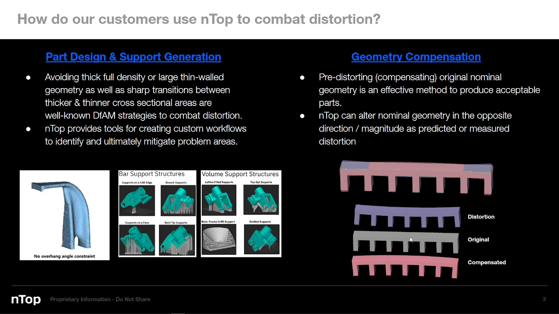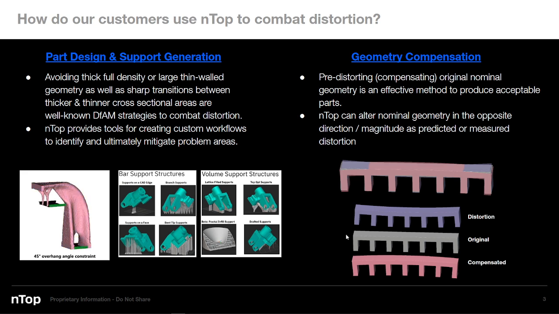So if we take this original geometry and we pre-distort it in the opposite direction and magnitude as the distortion seen, generally you'll see the distortion still occur, but because of that pre-distortion, it's now going to distort into nominal compliance, right?